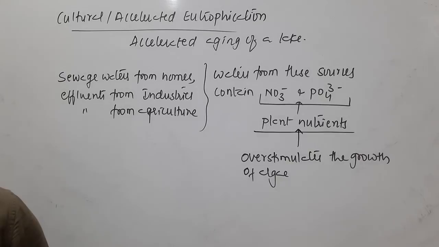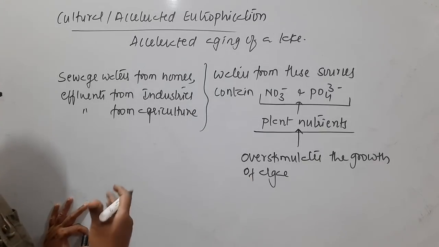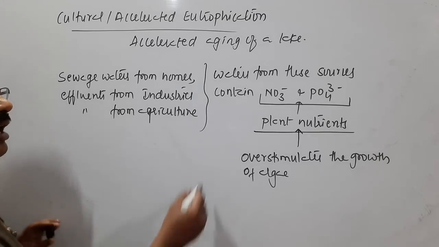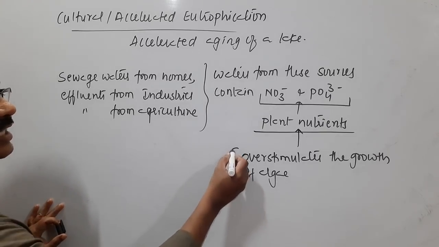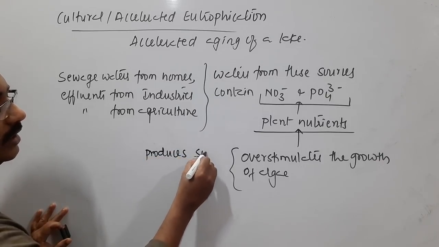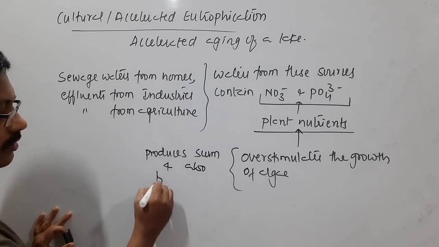The overgrowth of this algae can cause an unsightly scum and also produce unpleasant odors, because they may produce some toxic substances, and their decomposition, I mean the death of these algae and other plants and organisms, will produce a bad smell. So here you can see it produces scum and also bad smell.